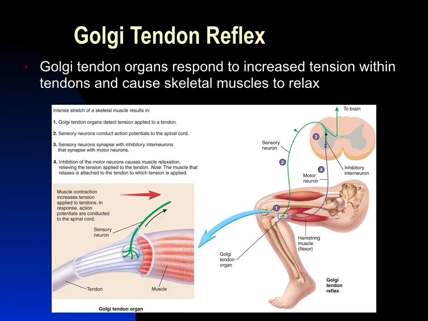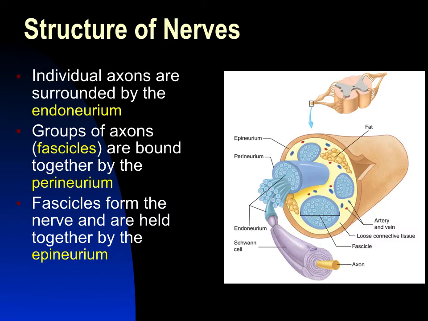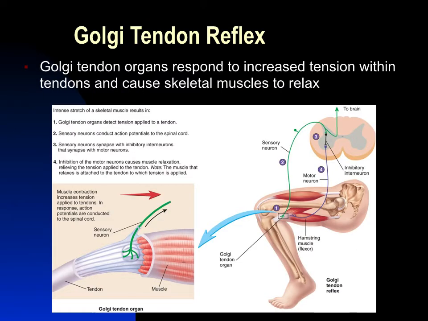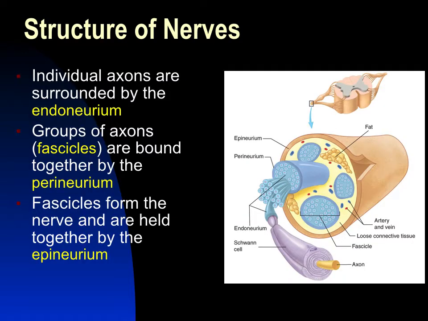That will send a sensory impulse back to the spinal cord. There'll be a synapse here, or possibly two, and that synapse then will go to a muscle and cause the muscle to contract. And so you'll get this knee-jerk response. Okay, so that's the spinal cord.